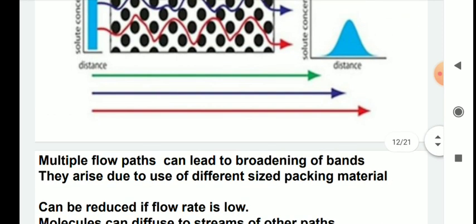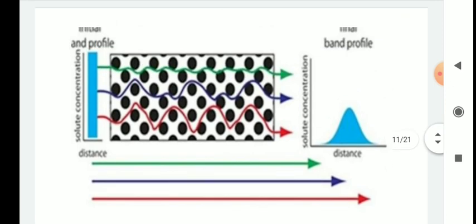See, for example, a molecule which is traveling in the black colored path, if the flow rate is low, it can jump to the blue colored path, or it can jump to the red colored path. So this jumping of molecules can take place between different flow streams, and as a result all the molecules will keep on jumping from one flow stream to another.